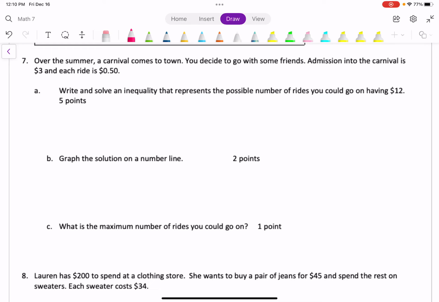I have $3 I need to pay, plus 50 cents per ride, and I can only spend $12. I can spend less than or equal to $12.